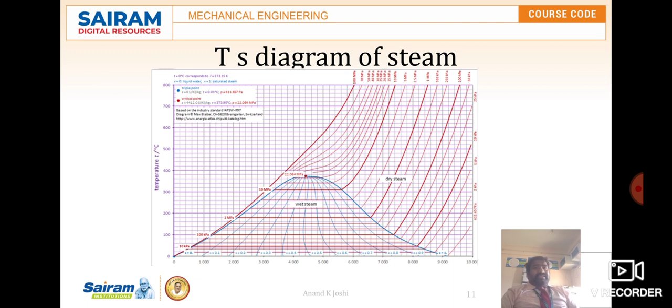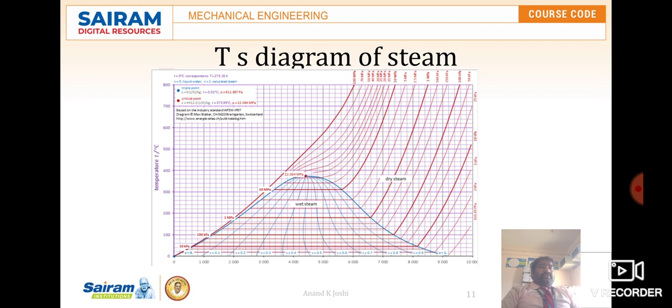In this diagram we can see water and steam meet at the critical point, where temperature, pressure and volume reach the values we call the critical temperature, critical volume and critical pressure.